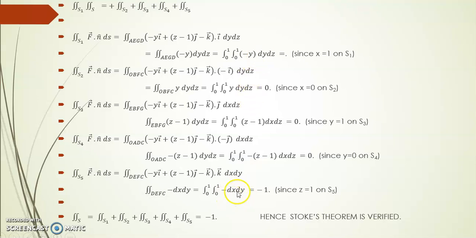So always try to remember: positive side of x, I vector; negative side, minus I. Positive side of y, j vector; negative side, minus j vector. Positive side of z is k vector. And the negative side of z does not exist because that has been removed, which has already been mentioned in the problem. So finally, integrating and adding up all the 5 values, I am getting the answer as minus 1.